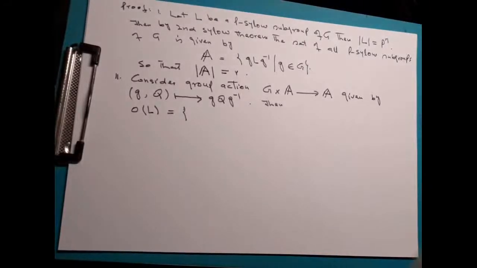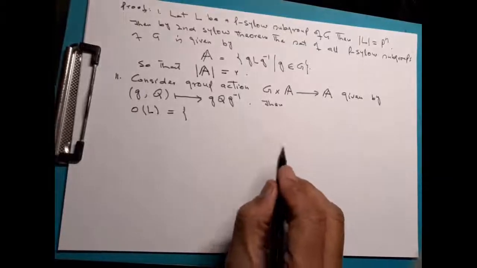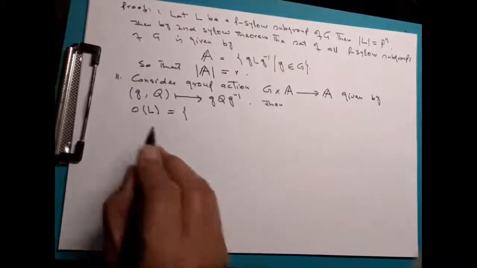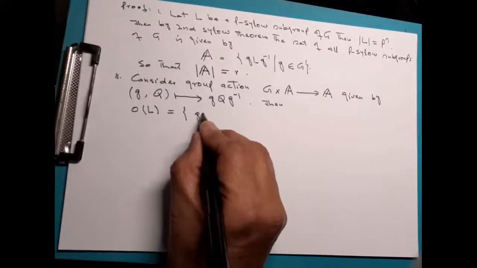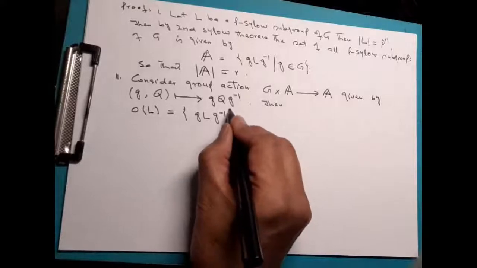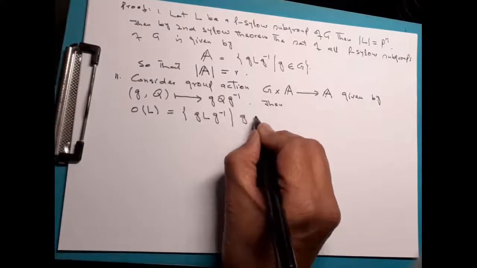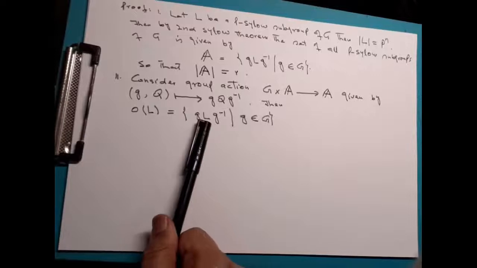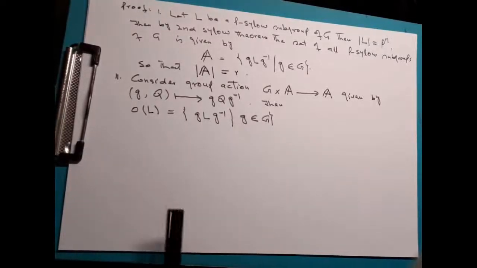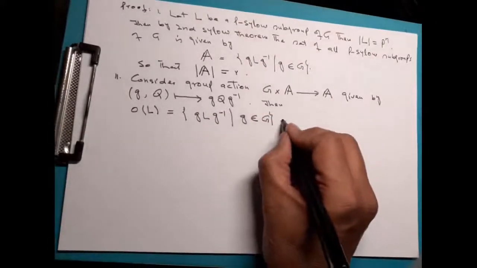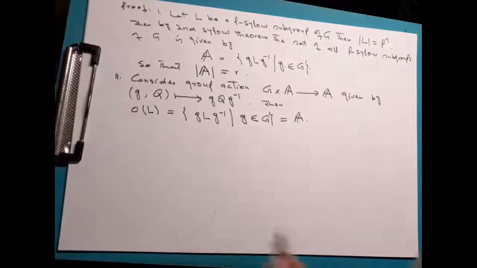We are going to act by all the elements of G on this particular L. So we will obtain gLg inverse for all g belonging to G. So we act every element of G on L. So this is the orbit of L. And note that this orbit is exactly equal to A.